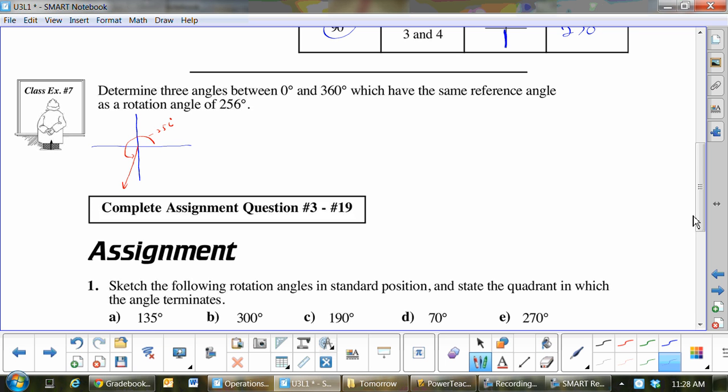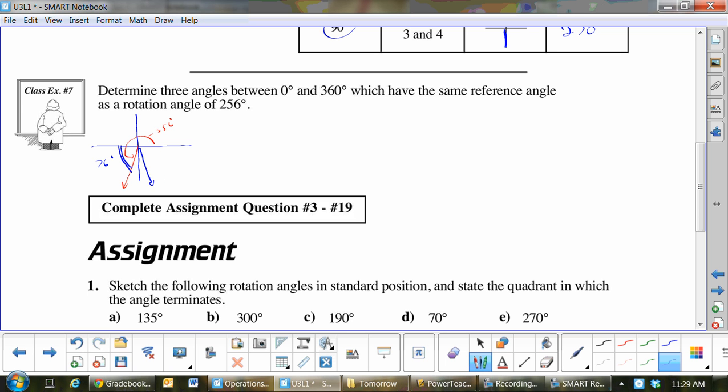So the reference is 76. How many other angles have a reference of 76? That would be, all together, 3 more. So I want you to draw those quick.